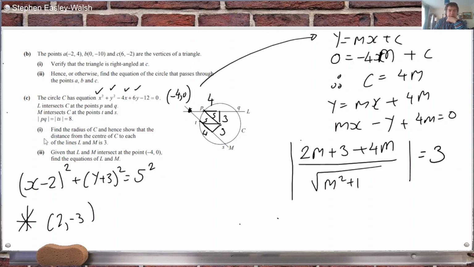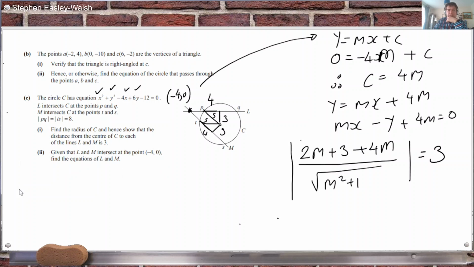Okay, let's make a bit more space. 2, -3, 2, -3, that looks okay. Cross multiply and square. Oh, actually I can clean up the top a little bit first. So that would be 6m plus 3 over root m squared plus 1. So if I square that, I'll get 9.